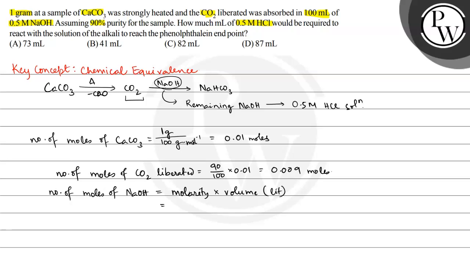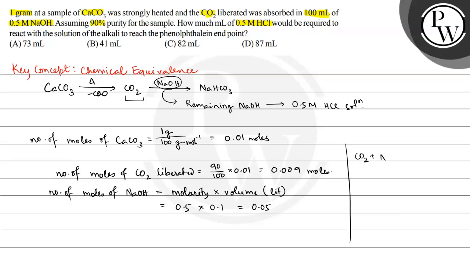Alright, so molarity given is 0.5 molar multiplied by volume. 100 ml given है, so 100 ml को अगर हम liters में convert करेंगे, then that is 0.1 liter, and then the number of moles of NaOH will be 0.05.